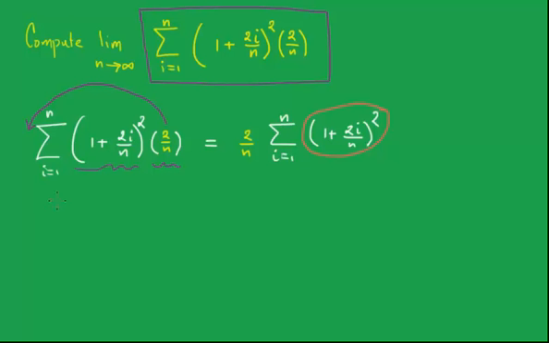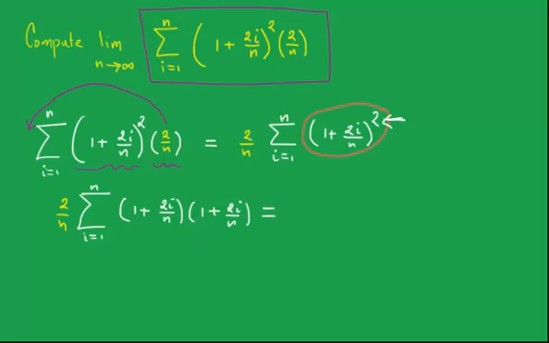What do we have? I'm going to write just down here 2 over n, summation from i equals 1 to n. What we have inside the sigma sign is 1 plus 2i over n times 1 plus 2i over n. Remember that that expression is squared, so you multiply it times itself.